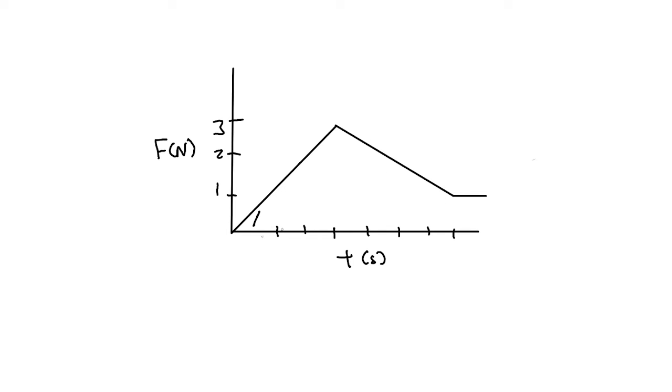So basically we need to find the antiderivative of this, which is essentially our impulse, F dt, and that is going to be equal to our change in momentum, which is going to be equal to our mv. So this is going to be p plus c because we have a constant, which is equal to mv plus c.